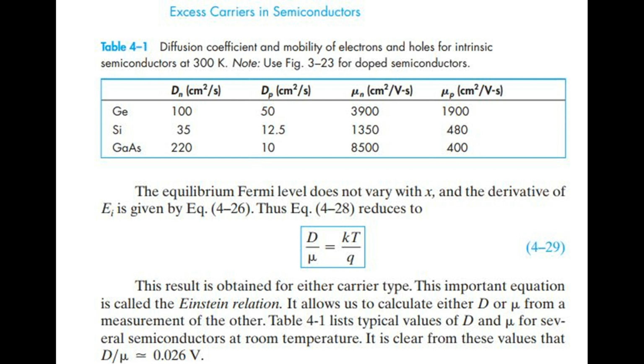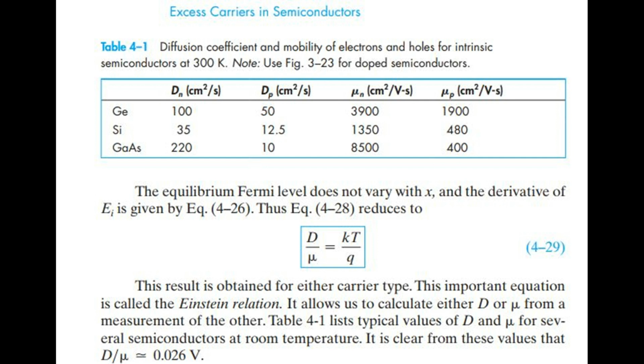Table 4-1: Diffusion coefficient and mobility of electrons and holes for intrinsic semiconductors at 300 K. Note, use Fig 3-23 for doped semiconductors. Electron diffusion coefficient in germanium 100 cm²/s. Hole diffusion coefficient in germanium 50 cm²/s. Electron mobility in germanium 3900 cm²/V·s. Hole mobility in germanium 1900 cm²/V·s. Electron diffusion coefficient in silicon 35 cm²/s. Hole diffusion coefficient in silicon 12.5 cm²/s.